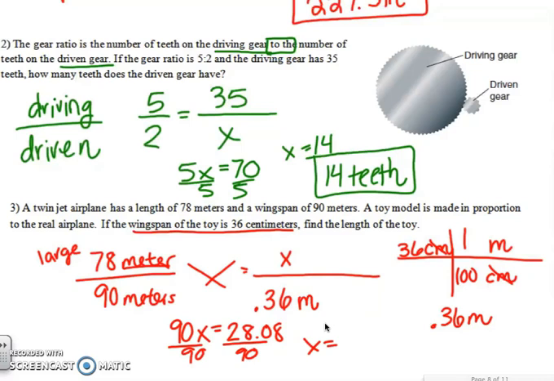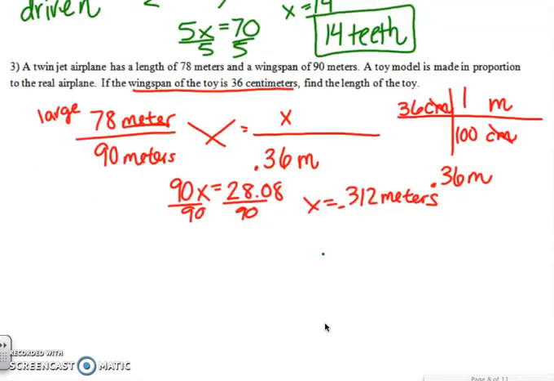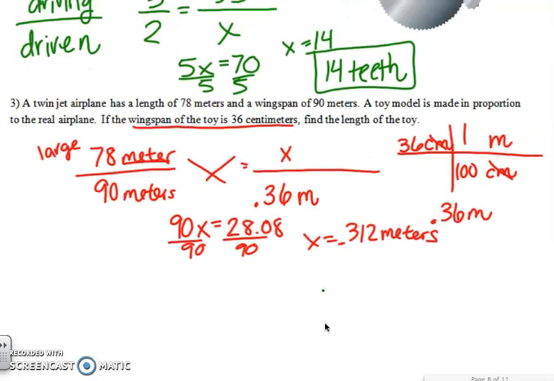So x equals 0.312. Again, that's in meters. So that toy has a length of that long. If you wanted to change it to centimeters, you're more than welcome to, and move the decimal twice. So that's the same as 31.2 centimeters, how long the toy is.